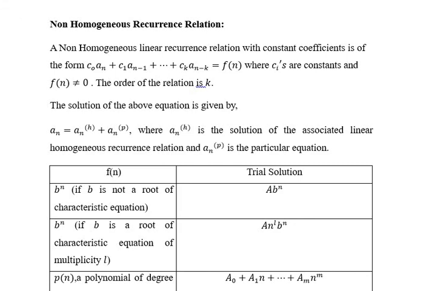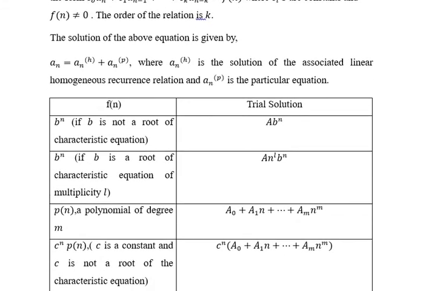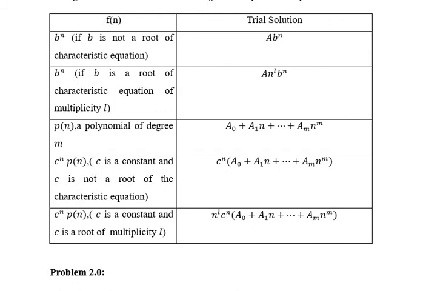Now let's see, as seen before, for the non-homogeneous case also we will have certain cases and the corresponding trial solution. If your f(n) is of the form b raised to n, where b is not a root of the characteristic equation, then your trial solution, that is a_n^p, is equal to capital A b raised to n.